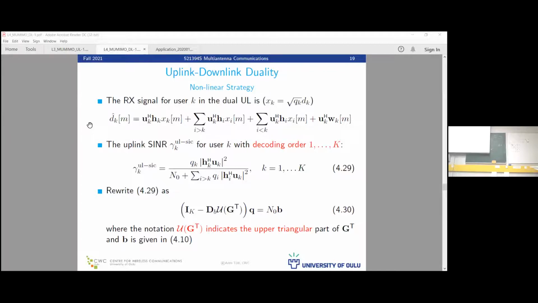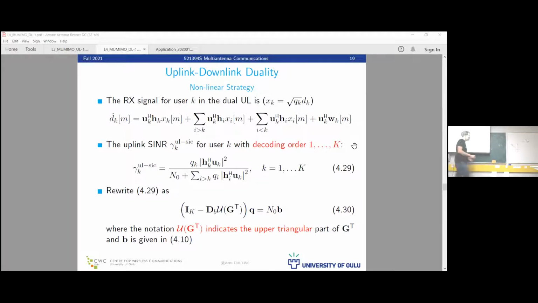So assuming a decoding order 1 to K, capital K is decoded last, meaning without interference, right? The first user is decoded with all the interference. If we choose user 1 to be decoded first, users 2 and 3 still have interference.